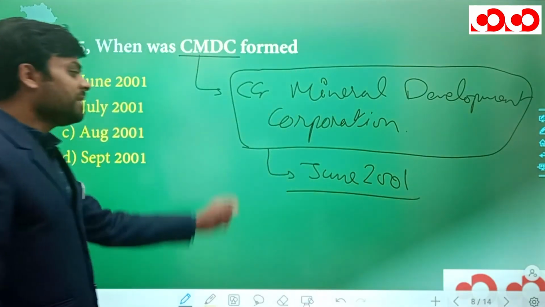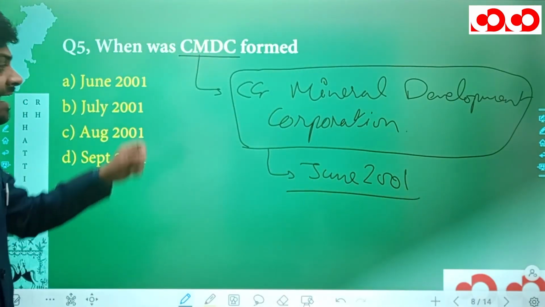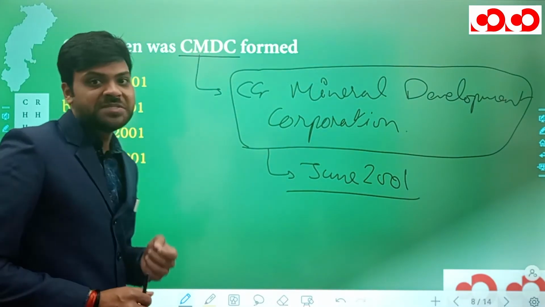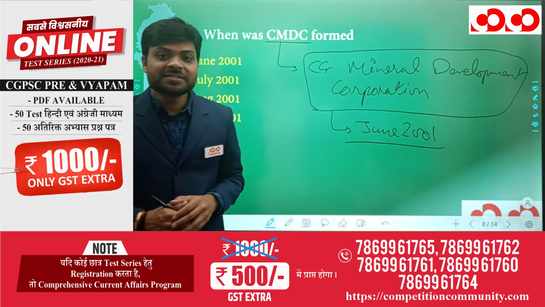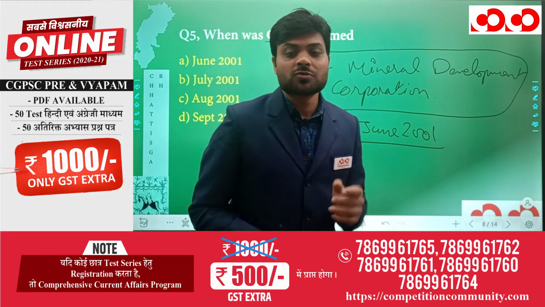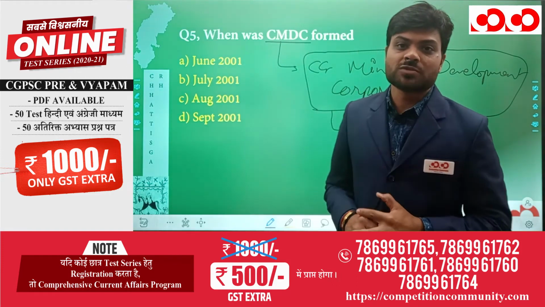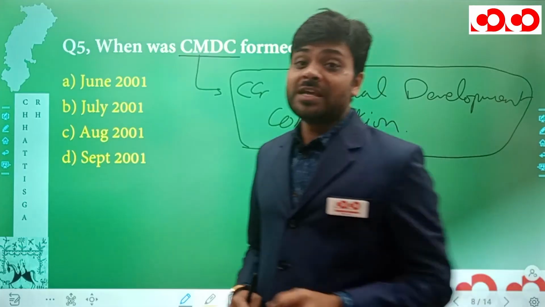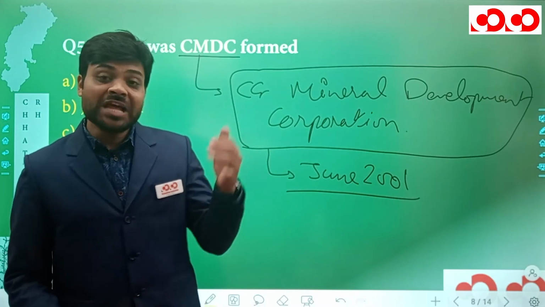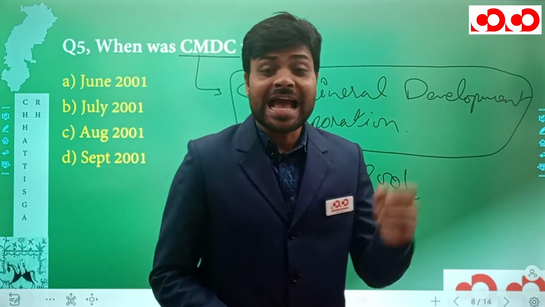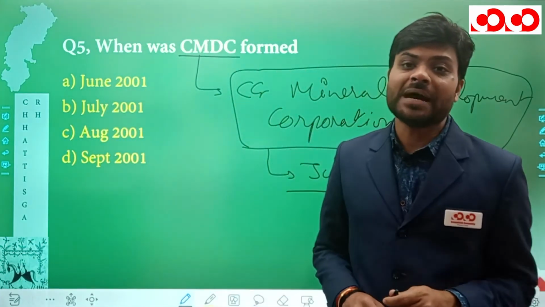It was actually formed in June 2001. And what exactly is the objective of CMDC? To search for major and minor minerals in Chhattisgarh and to also search for the precious stones. Apart from this, it is also related to the exploration and exploitation of minerals and development of mines.